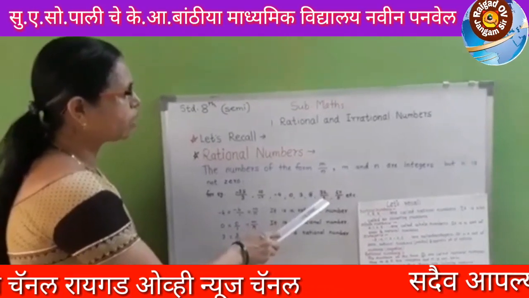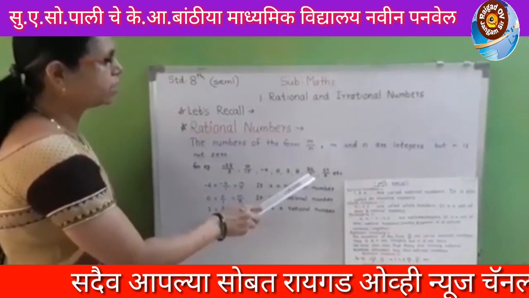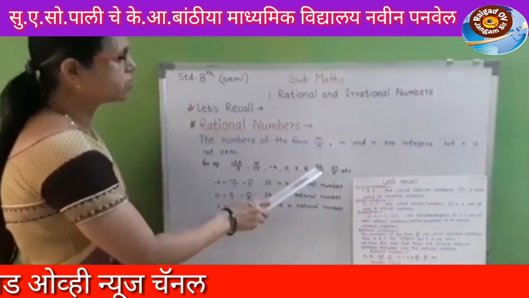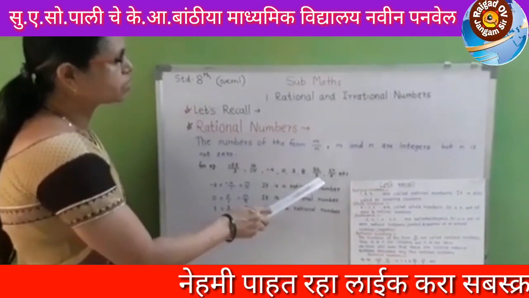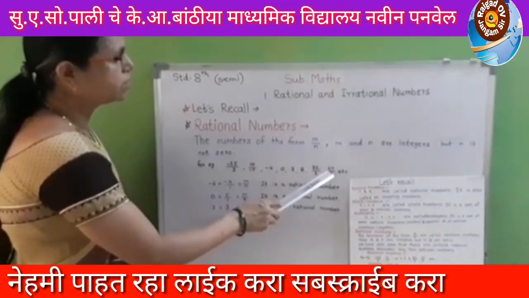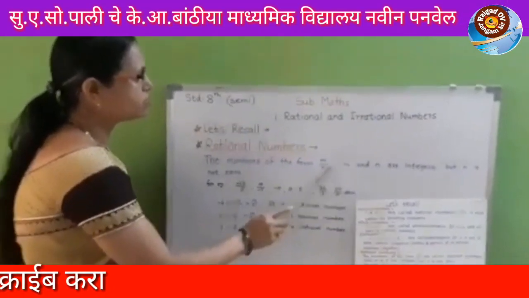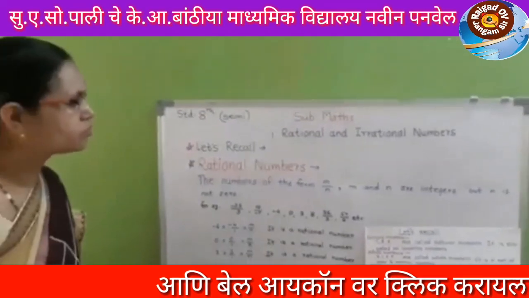Therefore 32 by 3 is a rational number, and here there is no sign, therefore it is a positive rational number. Same thing in 67 by 5. 67 by 5 is also a rational number.